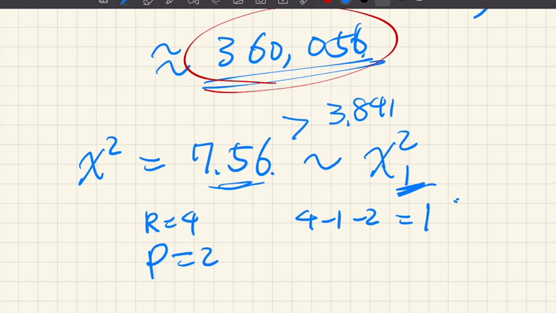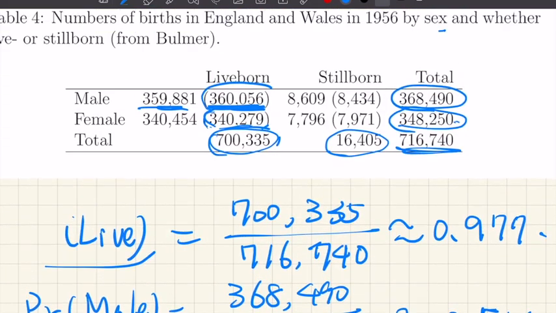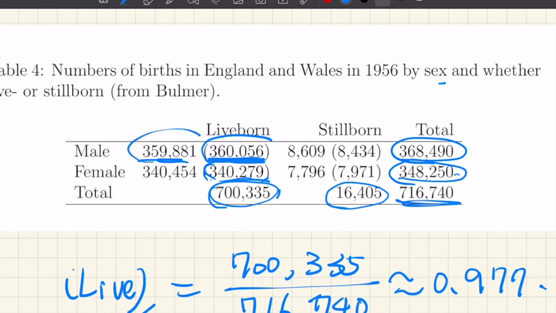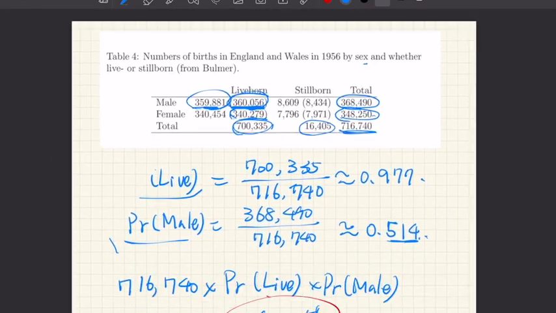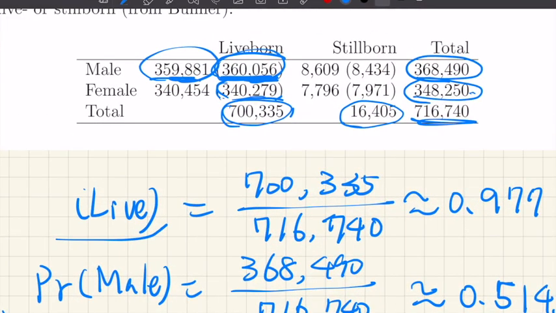So it looks like the chi-square statistic is significantly greater than the critical value. That means the difference between the observation and the theoretical value, assuming independence, is significant. So our assumption that whether live born or stillborn is independent of the sex was false.